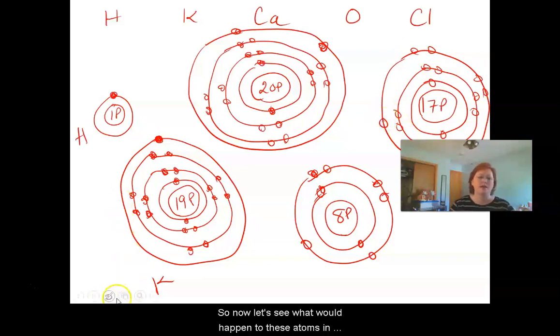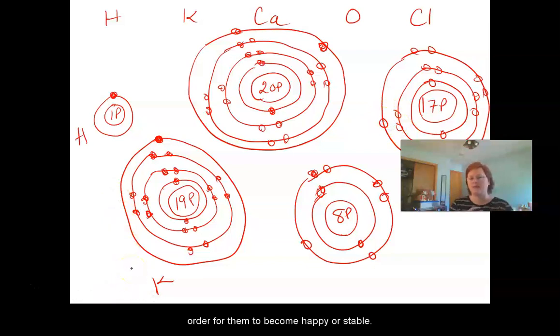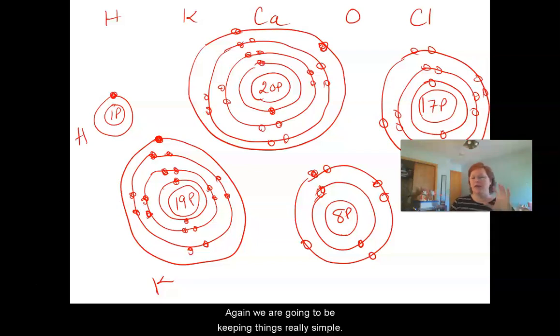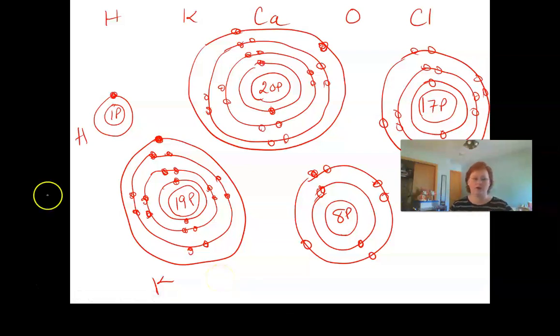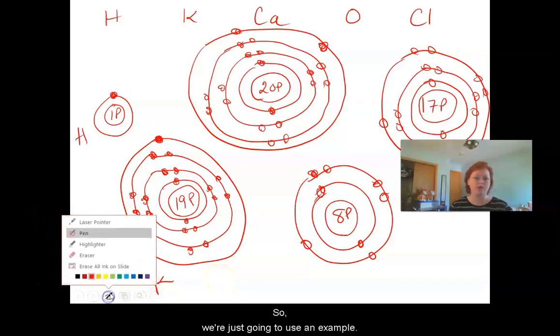So now let's see what would happen to these atoms in order for them to become happy or stable. Now again, we are going to be keeping things really simple. There are a lot of complicated rules as to when certain atoms will interact with others. So we're just going to use an example.